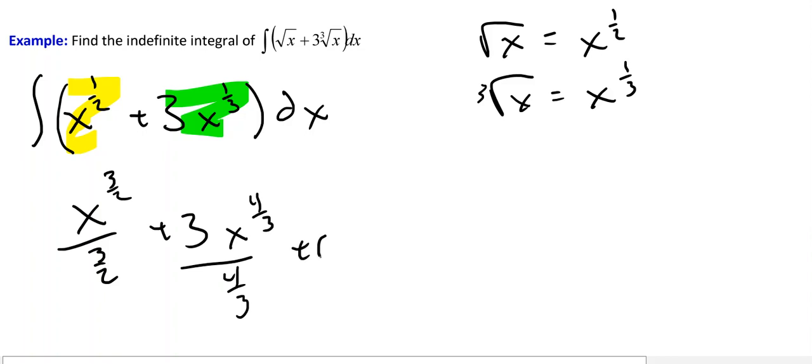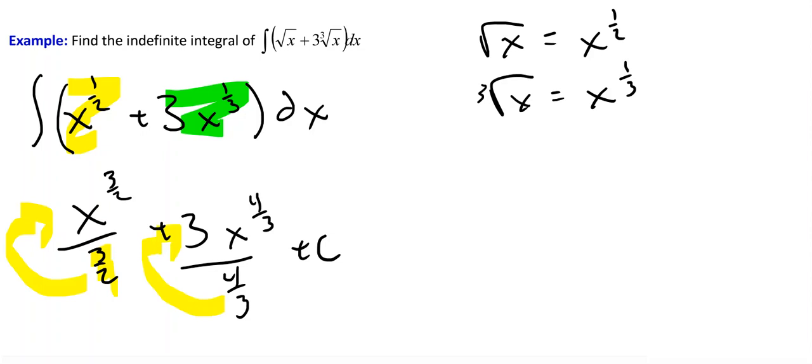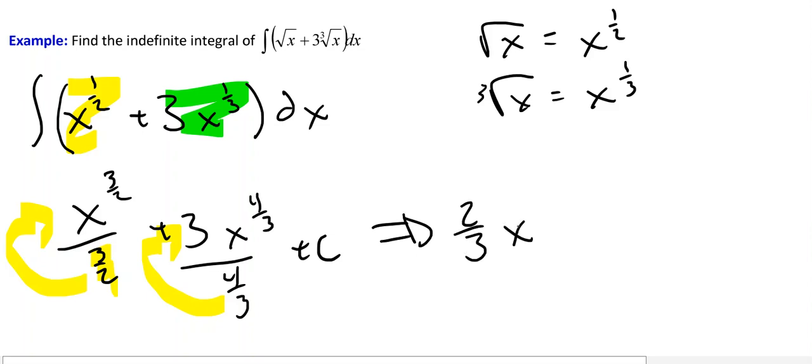We're going to take this denominator and we're going to take its reciprocal and multiply by the numerator in both of these cases. So we would end up with, this would become 2/3 x to the 3/2. And then 3/4 times 3 would be 9/4 x to the 4/3 plus c.